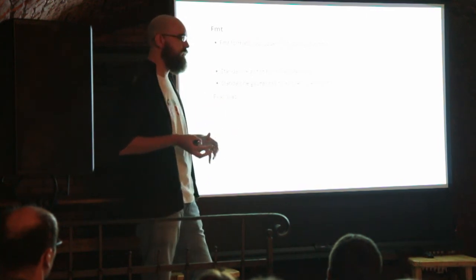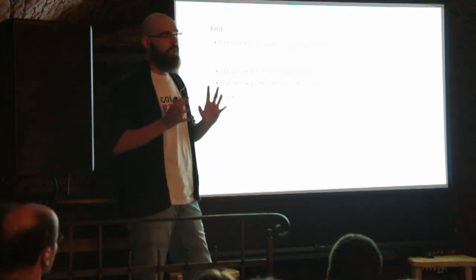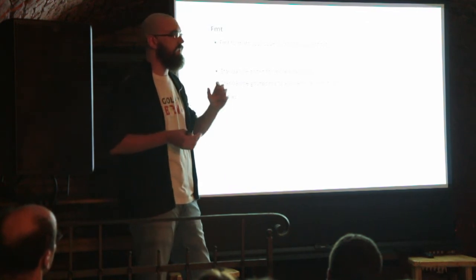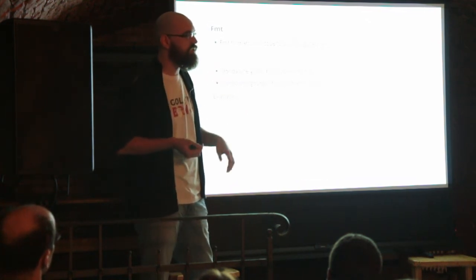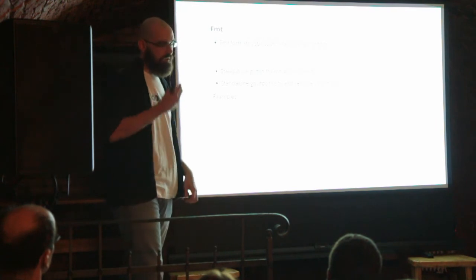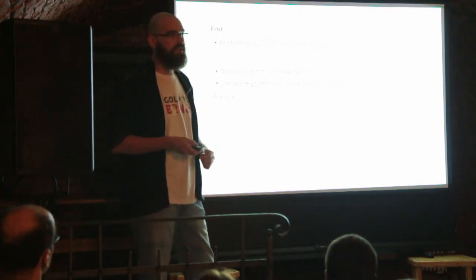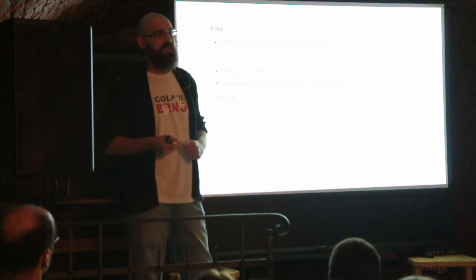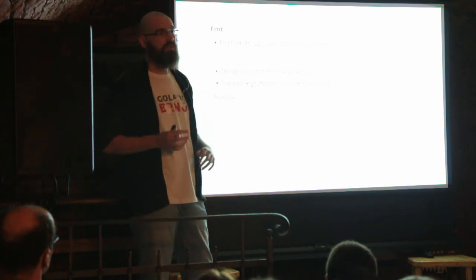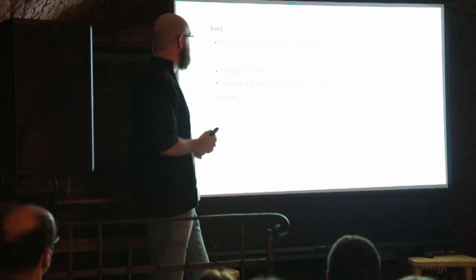So you cannot configure it. There is no way to tell GoFMT to act differently. You cannot tell it to use tabs instead of spaces, or to use, I don't know, 2 spaces for indentation, or whether there should be spacing before or after brackets or not. So it's always going to be the same.